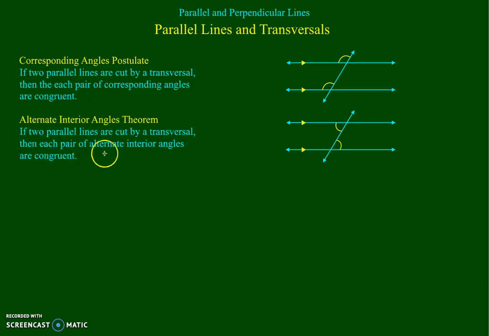Now, this statement can be abbreviated using a symbol. And the symbol looks very much like this. If you wanted to say the phrase, if 2 parallel lines are cut by a transversal, you could write something like this. This is 2 parallel lines cut by a transversal.